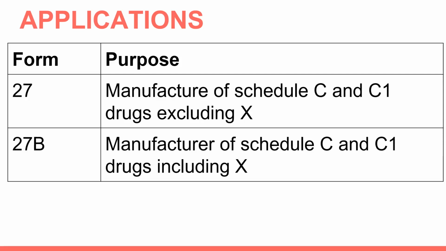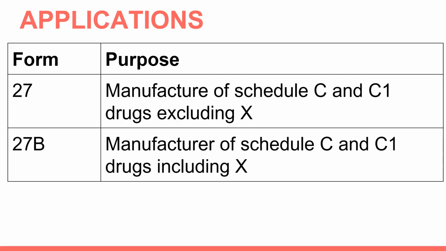Now, if you give an application in form number 27B, you will get a license to manufacture Schedule C and C1 drugs, including Schedule X drugs.